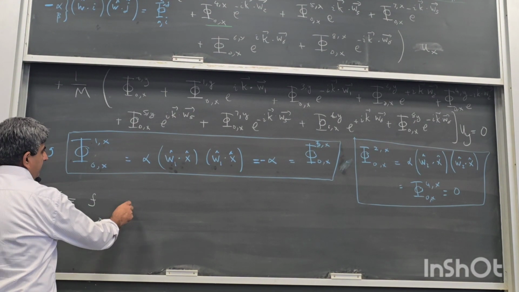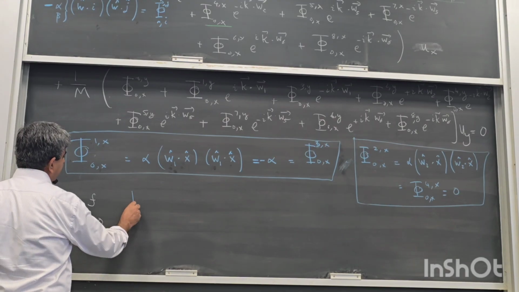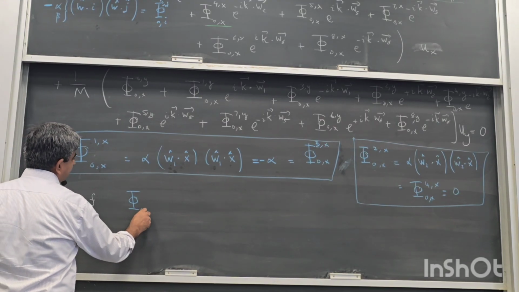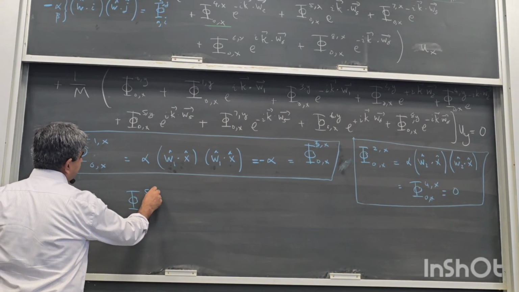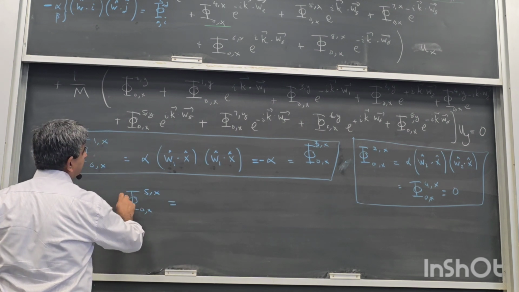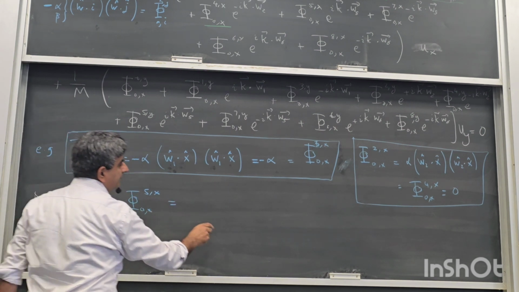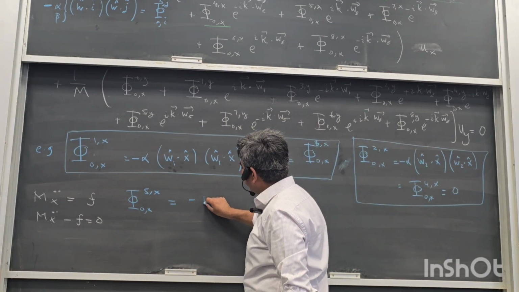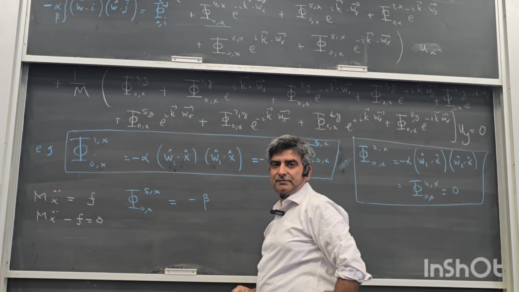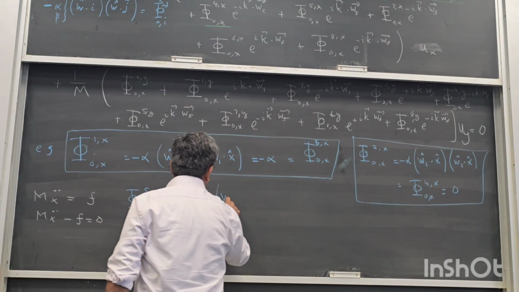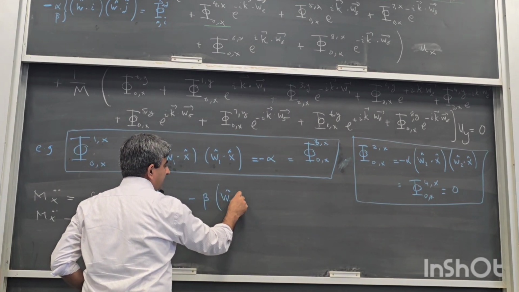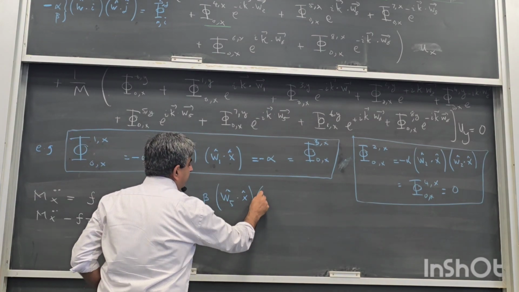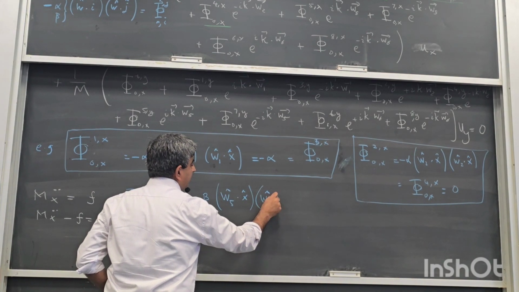So phi 0x and 5x. Now the strength is beta, so put a minus sign, minus beta, W5 x, W5 x.